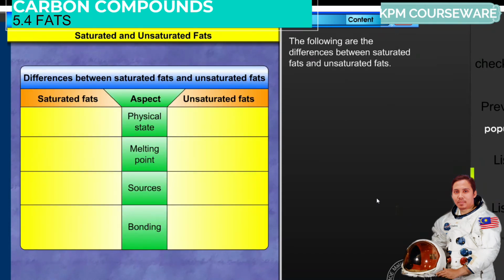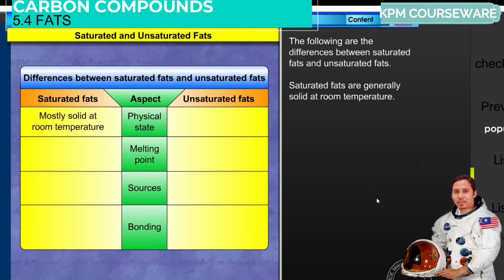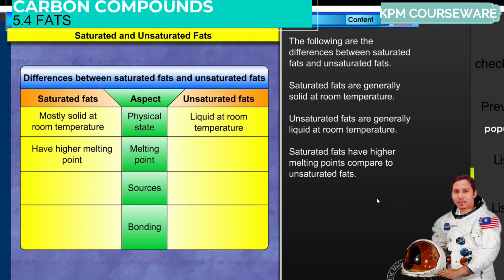The following are the differences between saturated fats and unsaturated fats. Saturated fats are generally solid at room temperature. Unsaturated fats are generally liquid at room temperature. Saturated fats have higher melting points compared to unsaturated fats.